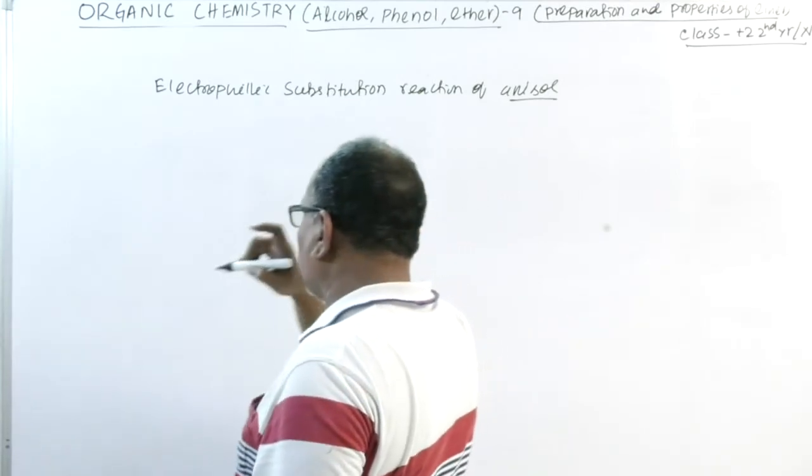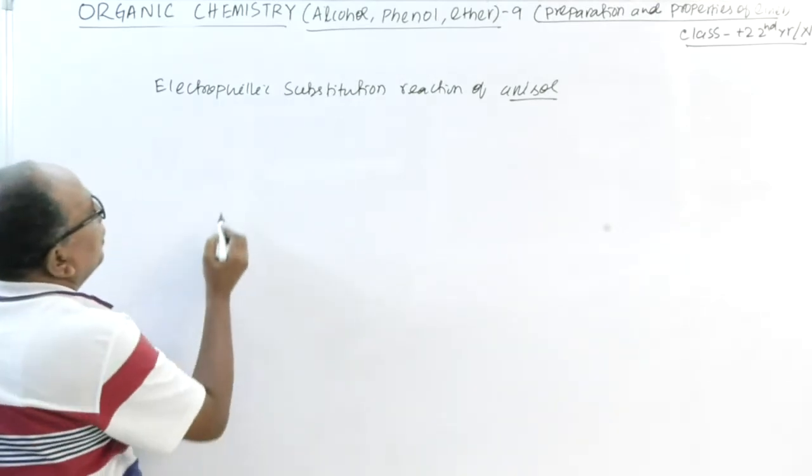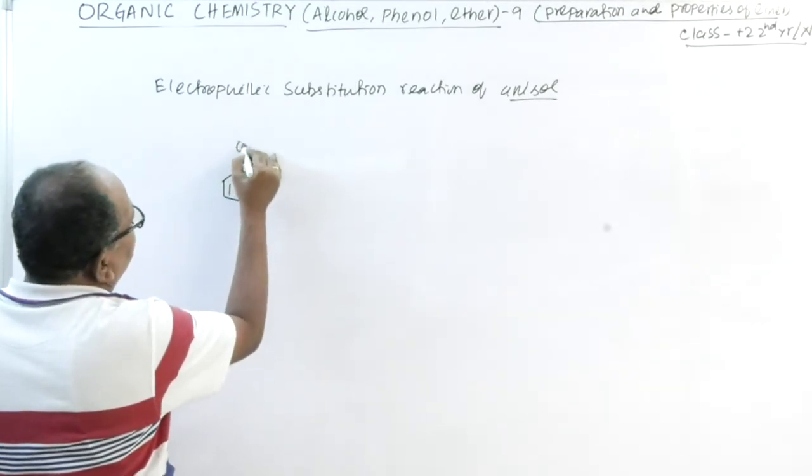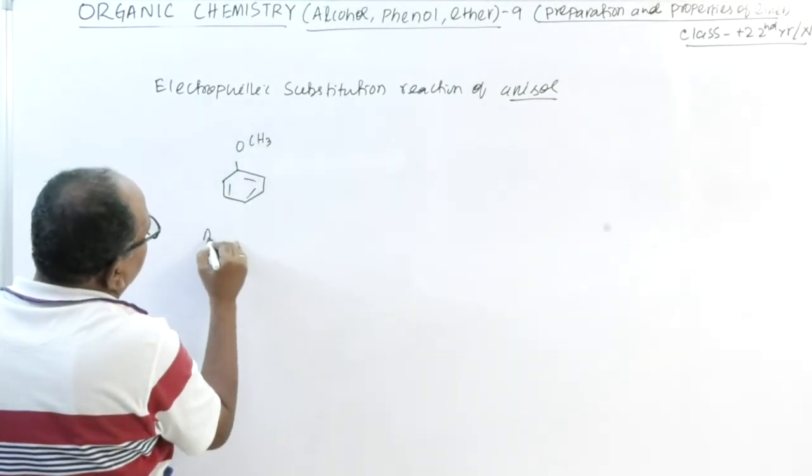What is anisole? Methoxybenzene is called anisole.